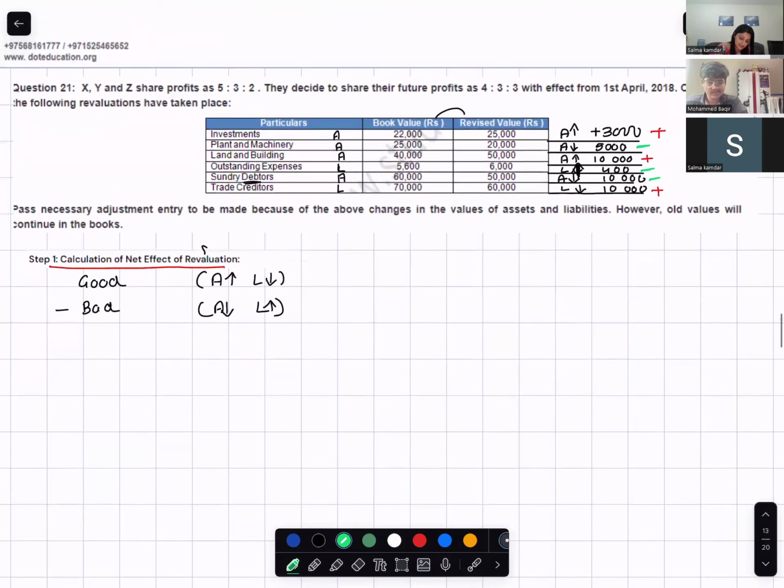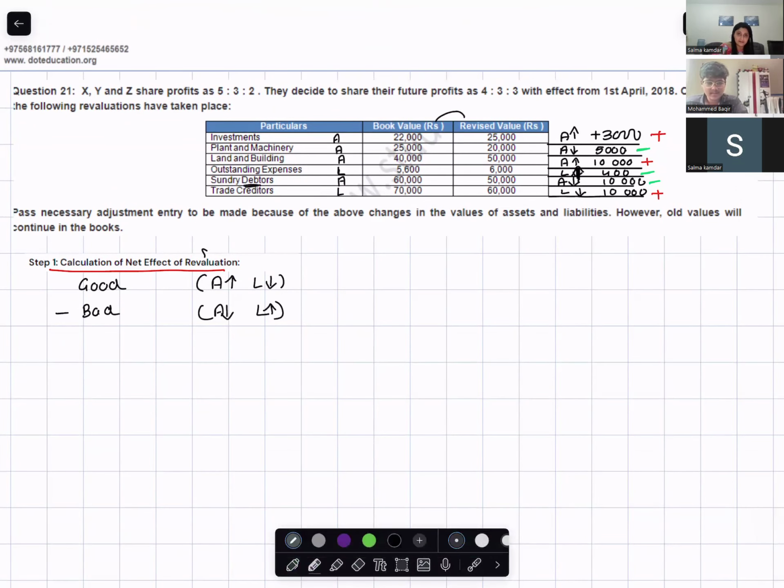So when you write this, how will you write it? First, all the add items. Increase in investment. Investment is how much? 3,000.